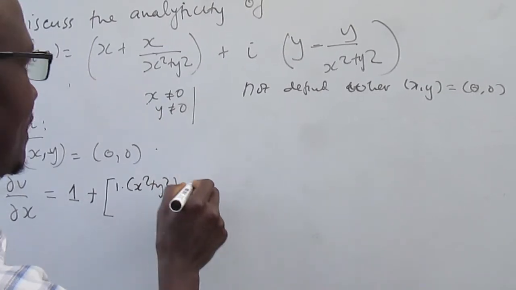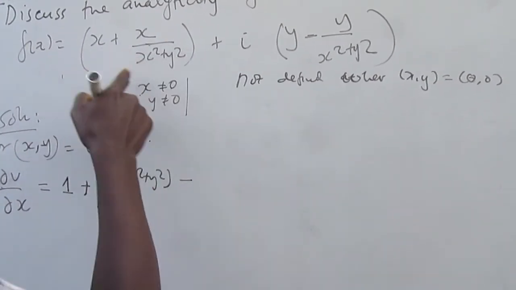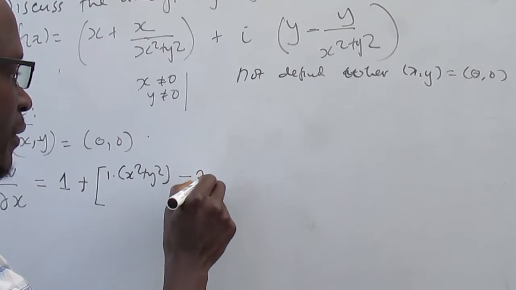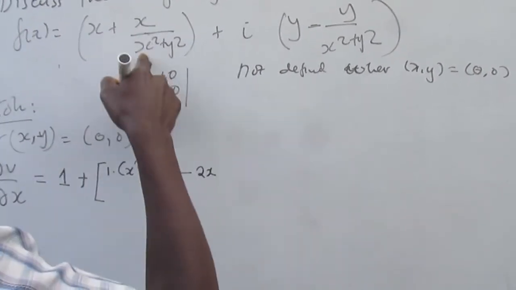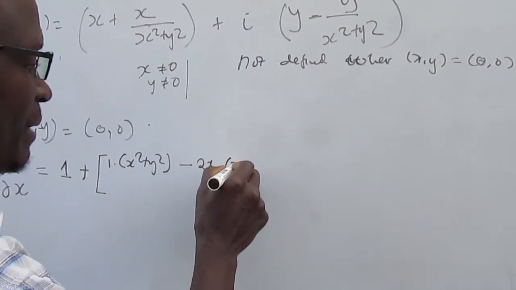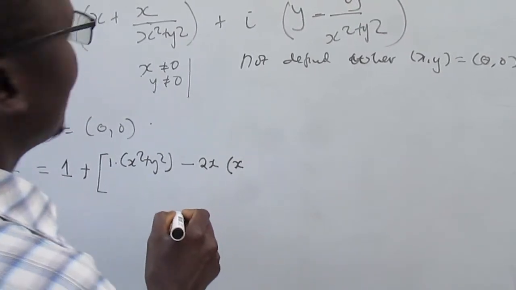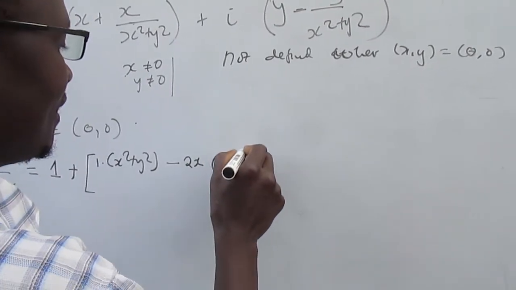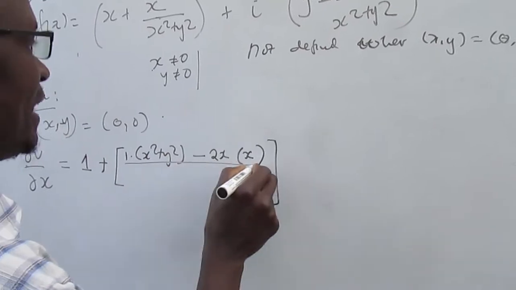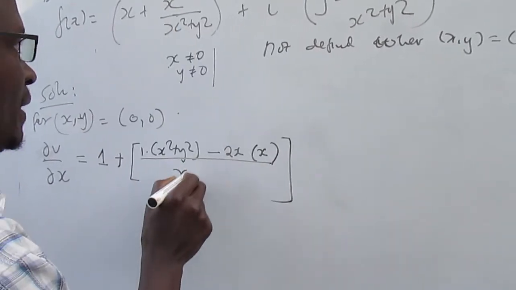Then after that we subtract the derivative of the denominator with respect to x. So that gives us 2x. Then we multiply by the numerator and then divide by the square of the denominator.